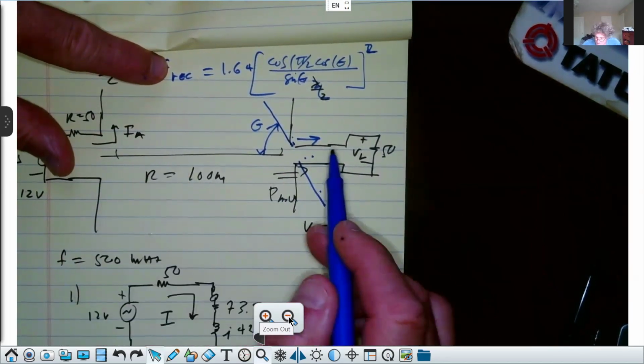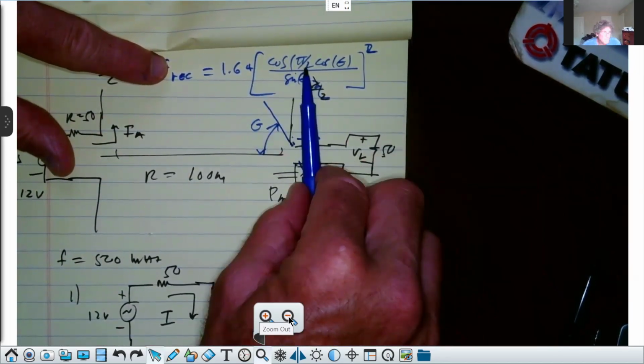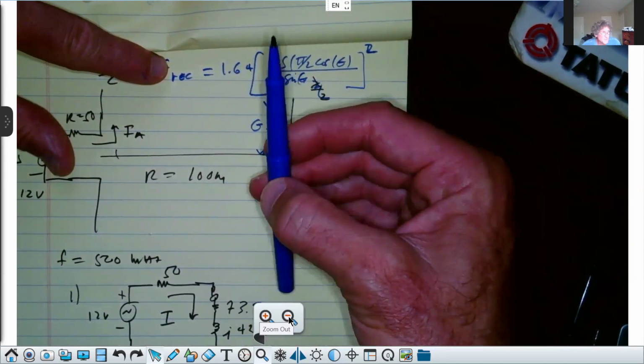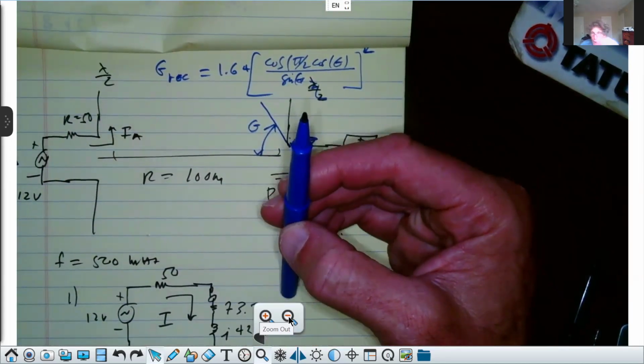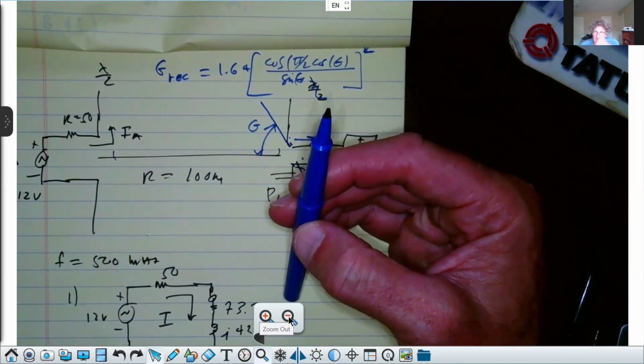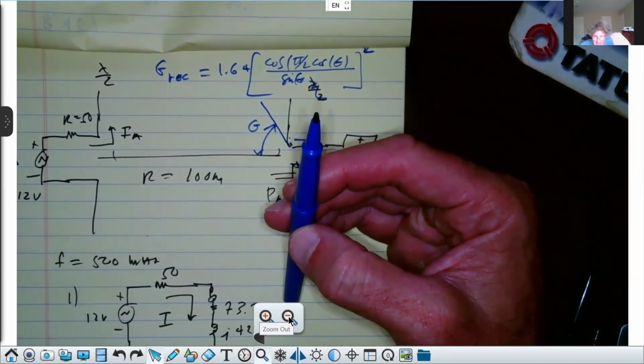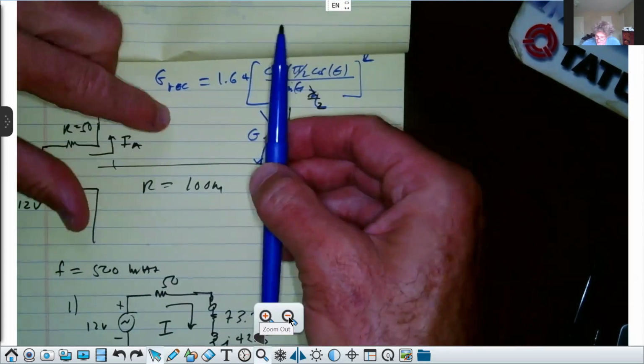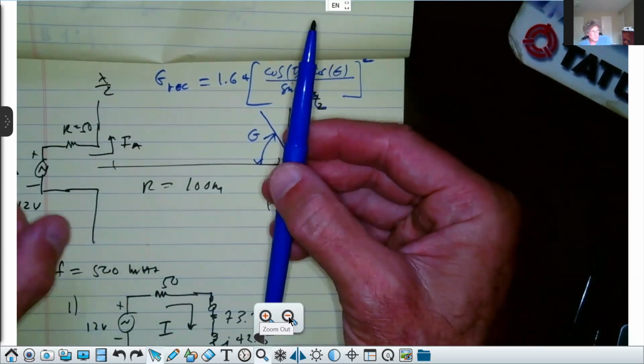Now that's if it's tilting in the plane of the paper like this. If it's tilting out of the page this way, that would be the cosine squared of the tilt angle. Usually when they say tilt angle, they mean the angular difference between the two axes of the antenna.